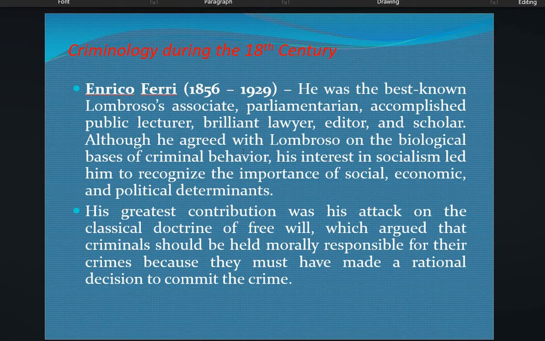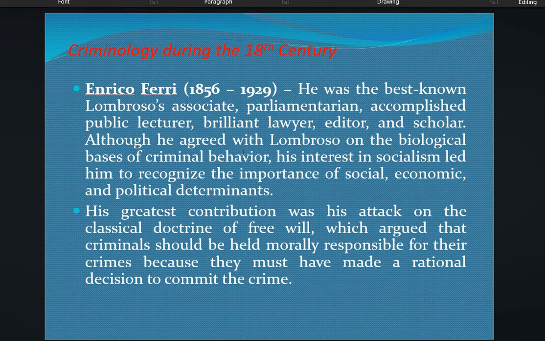But according to Enrico Ferri, he is trying to contradict the classical school of thought na sinasabi niya dito, pag pinractice mo yung human free will mo, you should be held liable whatever the decision you made. Kasi nga, hindi mo naman gagawin yung mga bagay na yan kung hindi mo napag-isipan.